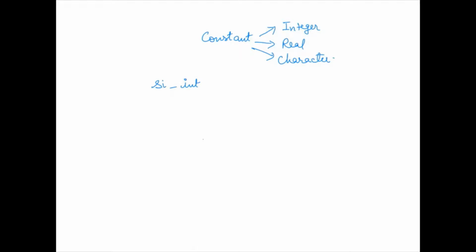If you are storing any integer value, we have to specify int before the name of the variable. It means si_int, the simple interest value, will be storing only an integer value.